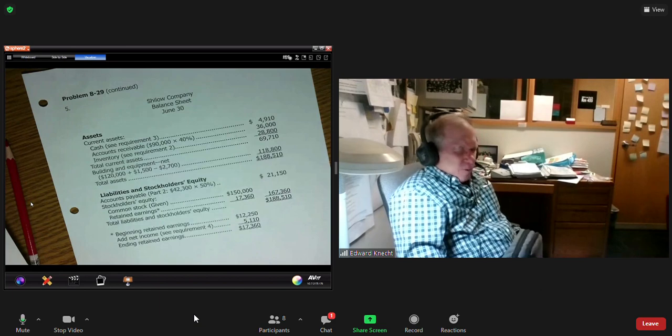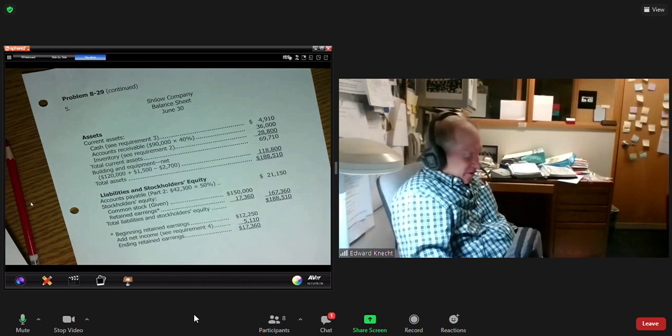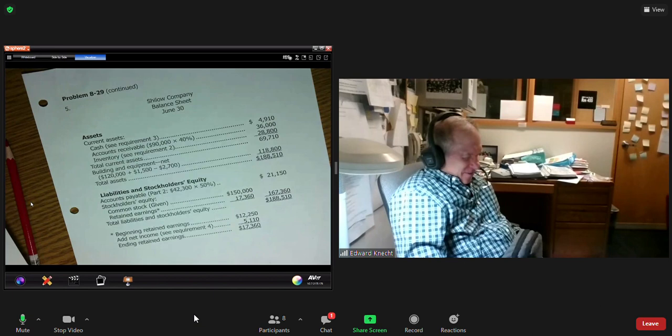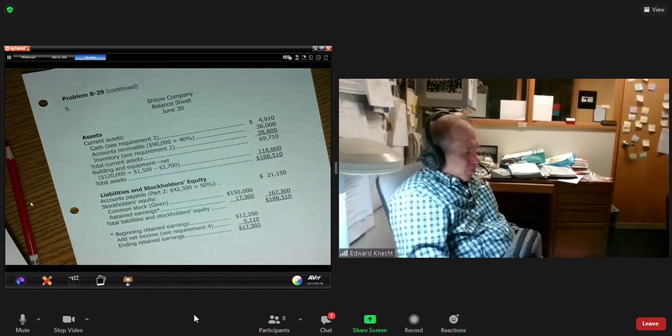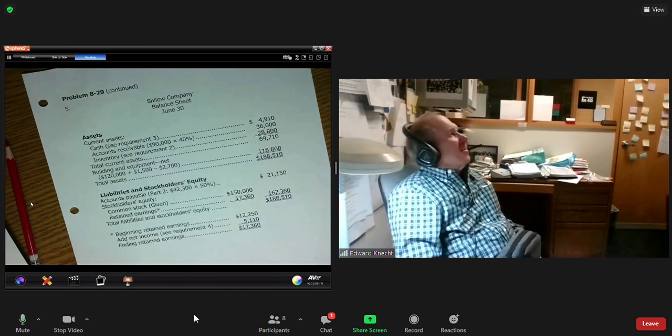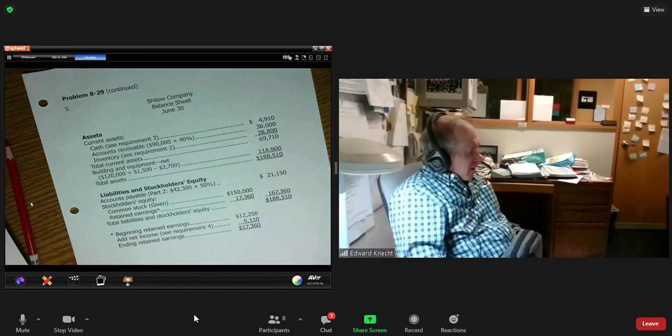Wait, razors? You mean razor? Okay, I got you now. Okay, fix the asset or fix the person that was riding it. Okay, so the person riding it takes on the liability if they get injured.